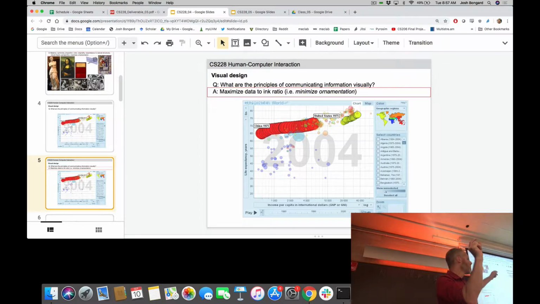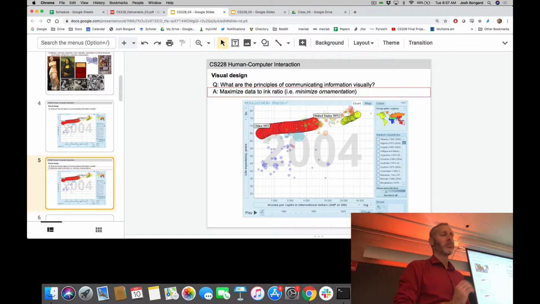So we added a little bit more ink, but we added just enough to try and help the user see that this is their actual hand and this is their virtual hand. Right? We're adding just enough ink to communicate the information that we need. Easy to say, maximizing the data to ink ratio, often very difficult to get right.